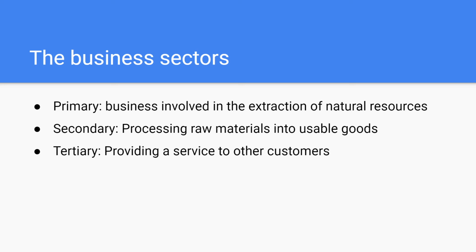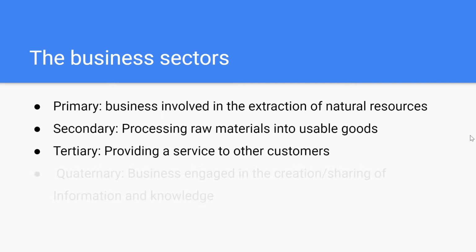Or, for example, an insurance business, where you can insure yourself against, for example, accidents. It's also not a particular product you can touch, but rather a service, something the business is doing for you.